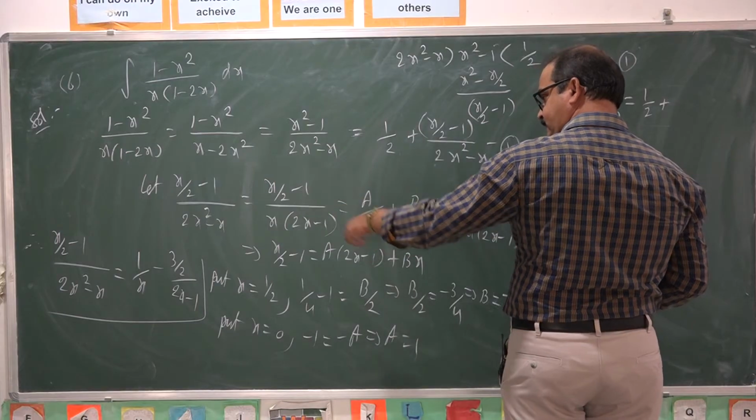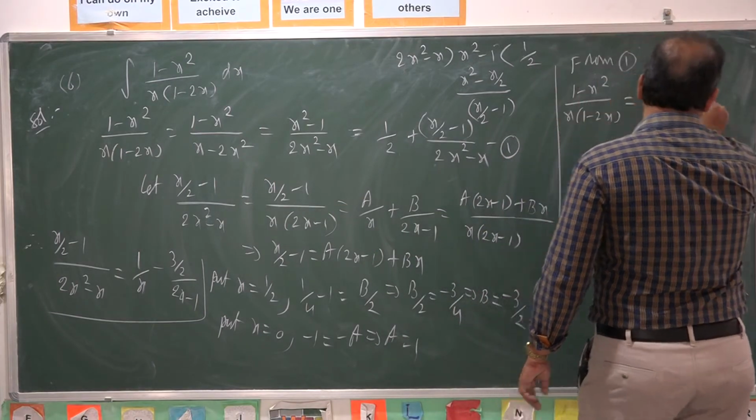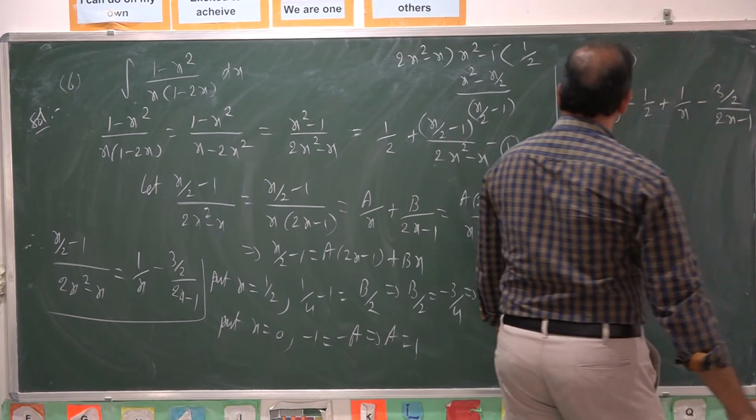What is a? 1 by x minus 3 by 2 by 2x minus 1.